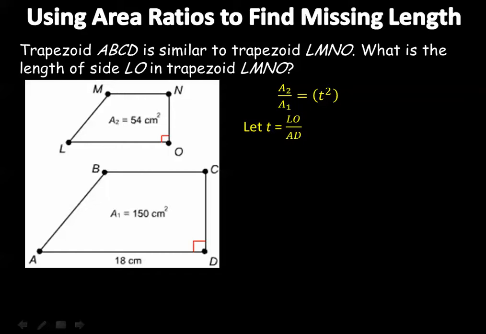Now in this example, we're given the areas and the length of one side, but we aren't given the scale factor. Since we know the trapezoids are similar, we can use the area ratio formula by replacing t with LO over AD, which is the ratio of the lengths, and then we can solve for LO. And we've set that up right here.